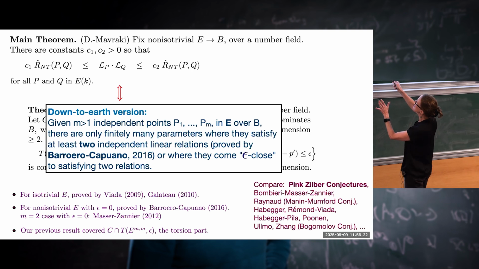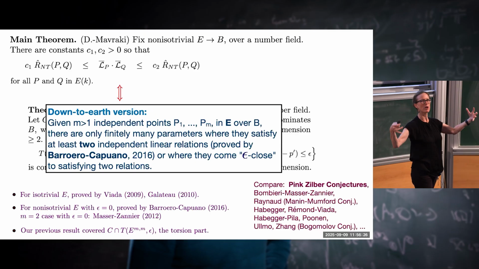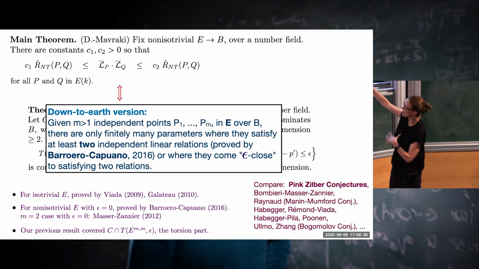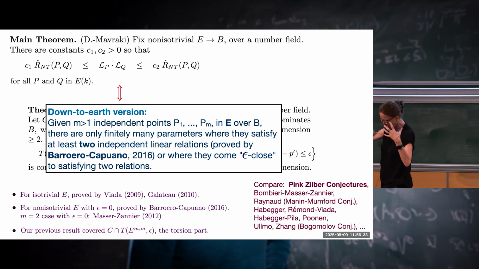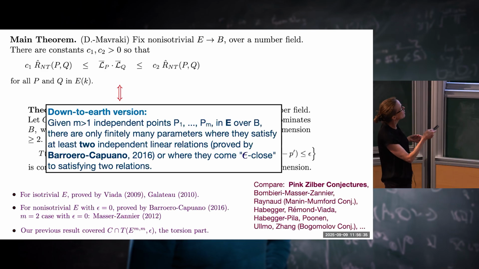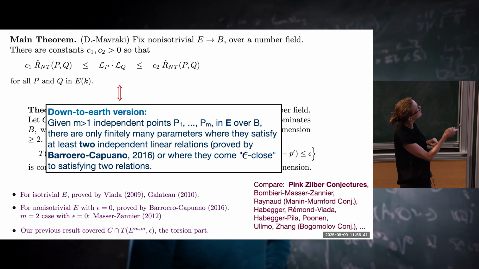There are always infinitely many parameters where they'll satisfy some relation, where the rank of the corresponding matrix that you can build out of these vectors will drop. But if the rank drops by 2, so they satisfy at least 2 independent linear relations, there are only finitely many.